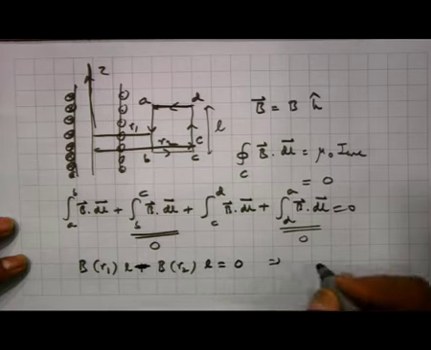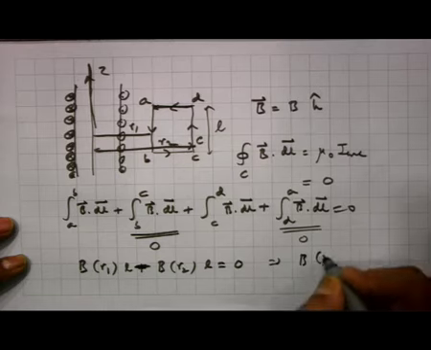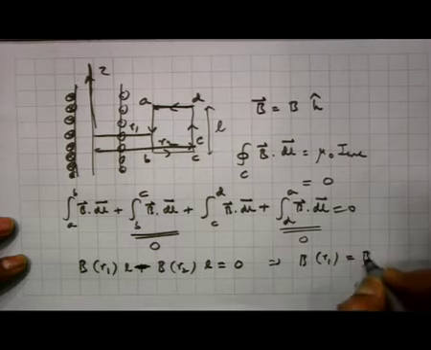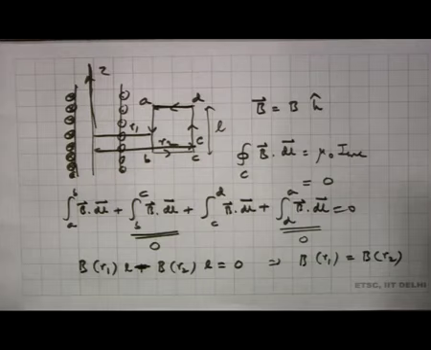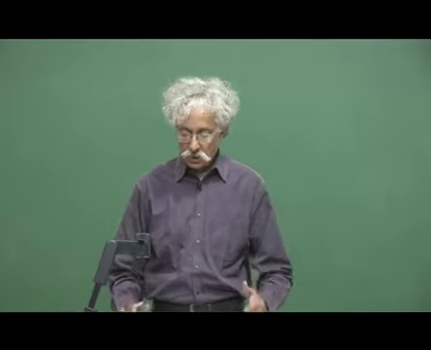This implies B at R1 must be equal to B at R2. So the magnetic field is independent of the distance from the axis. That is another result we have got.